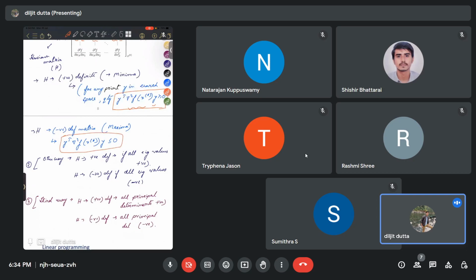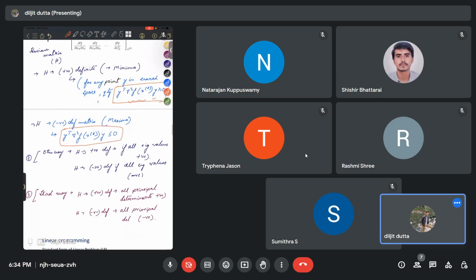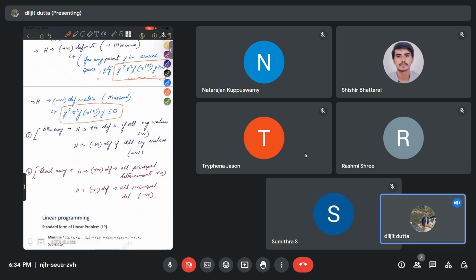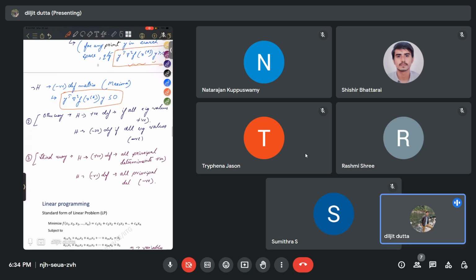But this is not a convenient way of analyzing whether a matrix is positive definite or negative definite. So there are other ways to check this. One of the most common ways is using eigenvalues. We have a square matrix, and for a square matrix we can find the eigenvalues.